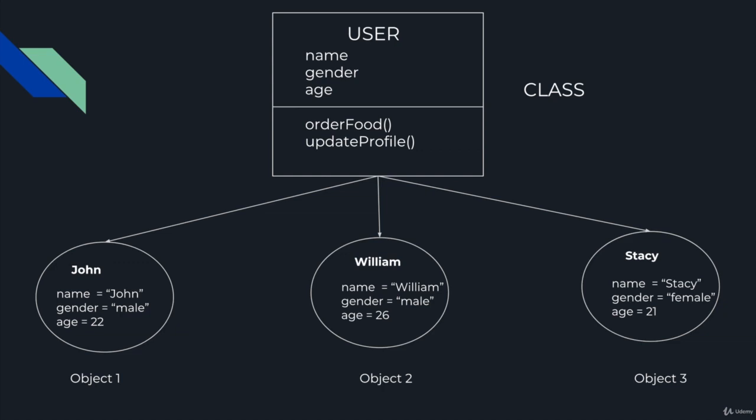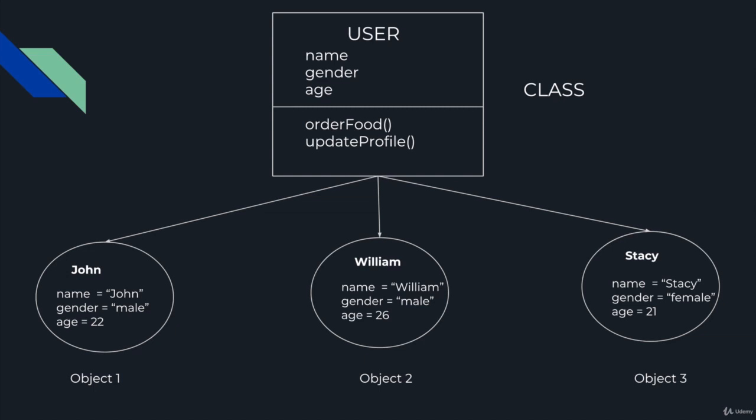You can see that the user class has defined the states and the behavior that its object can have. The user class has the state name, gender and age, and the objects created using the user class have these three states defined in them. The objects of the user class can exhibit two behaviors, which are order food and update profile.